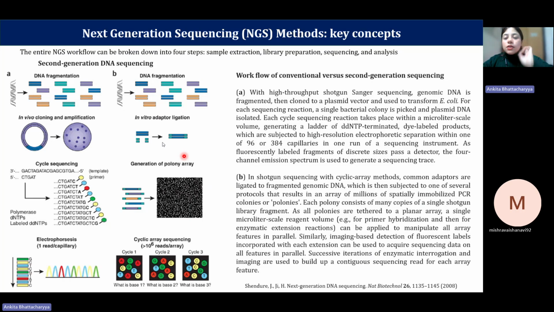What sonicators do in the current scenario is that they are capable of breaking down DNA to certain lengths because of the power that you give, the frequency at which vibration is carried out. And as a result, usually around 600, 700 base pair long DNA fragments can be generated. It can be optimized based on the machine you have. And then those fragments can be used for sequencing purposes.